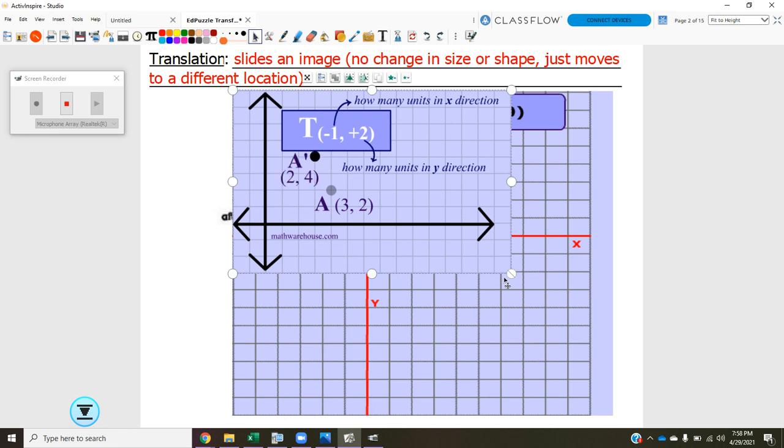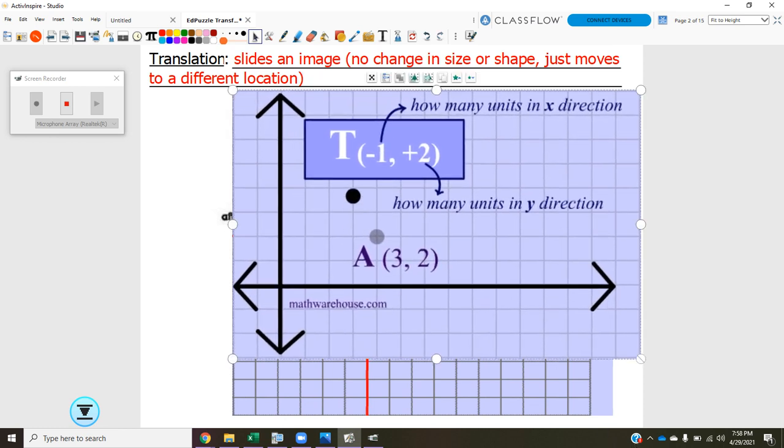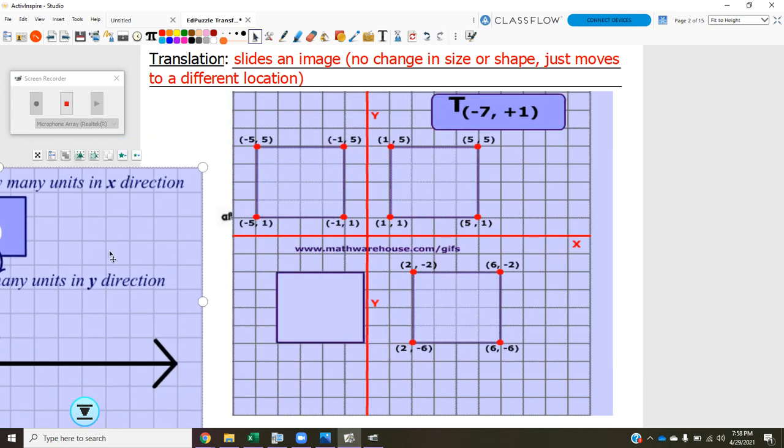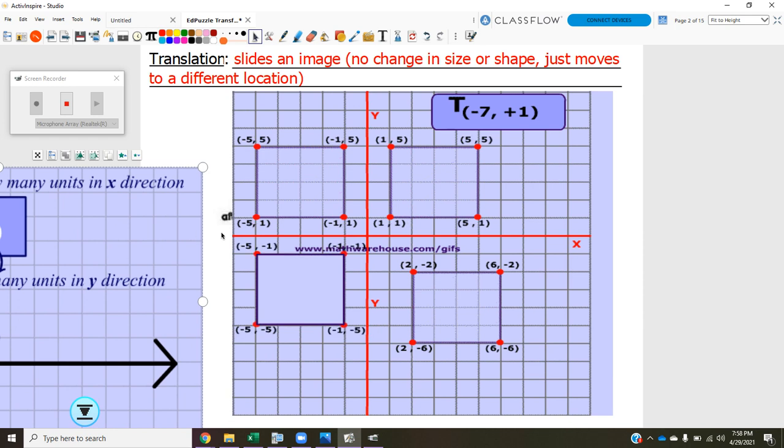Our first diagram, our first GIF shows a dot doing a translation. It's sliding. We have our original A, and it went left 1 and up 2 to form its image, A prime. Then in this other GIF, we're going to see it start over in just a second.